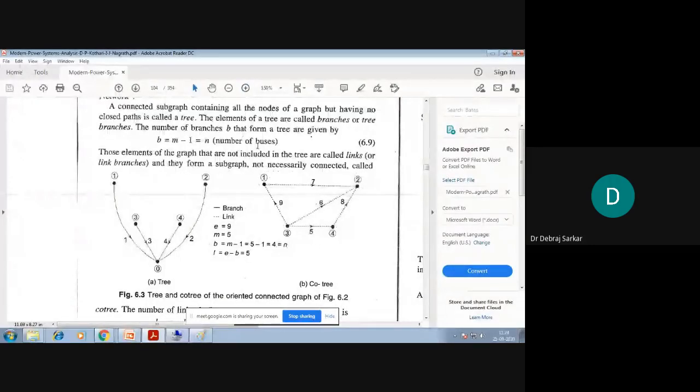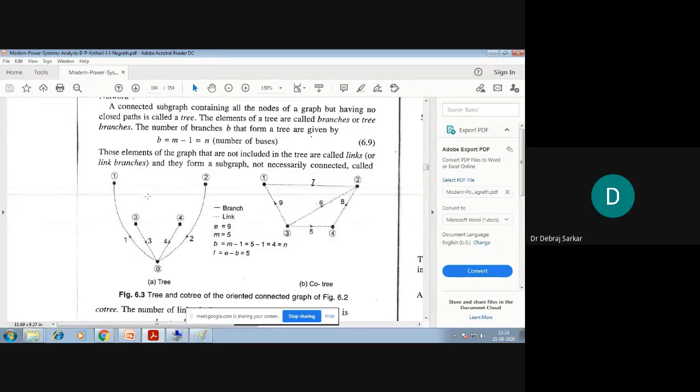So imagine I include link number 9 in the tree. You can see 1, 0, 3, 1, this loop will be completed. If I include 5, 0, 3, 4, the loop will be completed. So these links are elements that complete a loop.